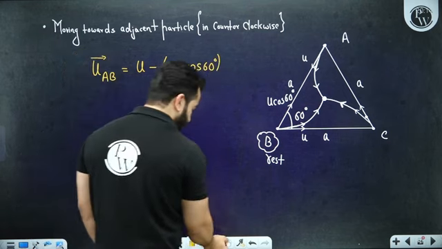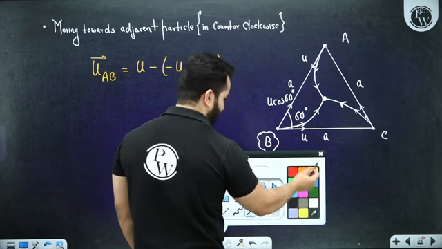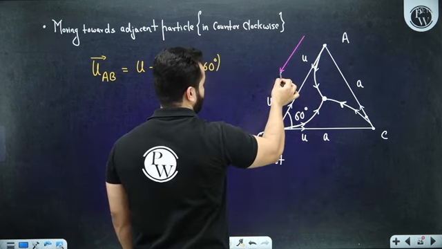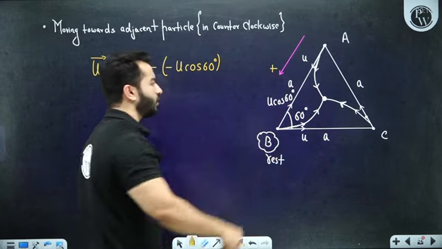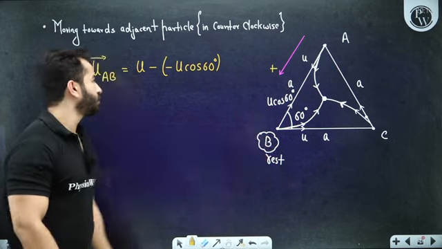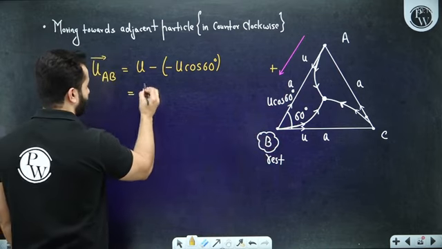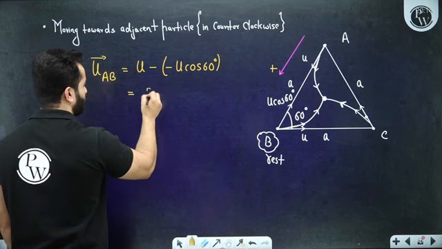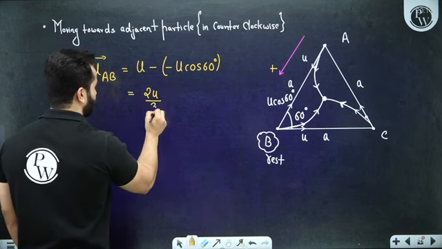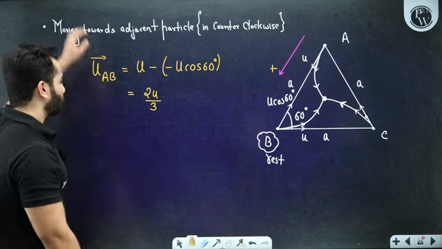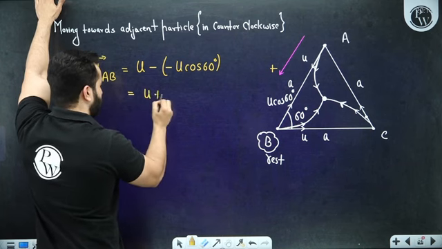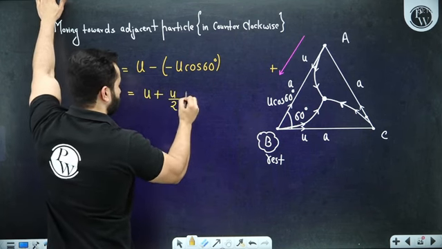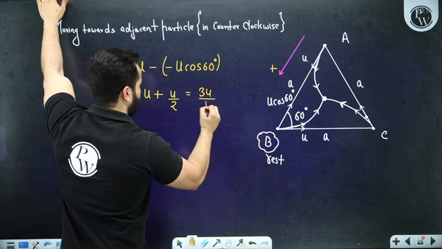See, I am assuming this direction to be positive. Please understand, I am assuming this direction to be positive. So the opposite of this direction is going to be negative. So u cos 60 I have written with a negative sign. So this is going to be u plus u by 2. Is that correct? Please understand, this is u, this is u by 2, this is 3u by 2.